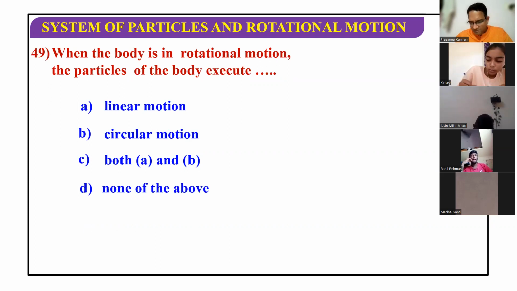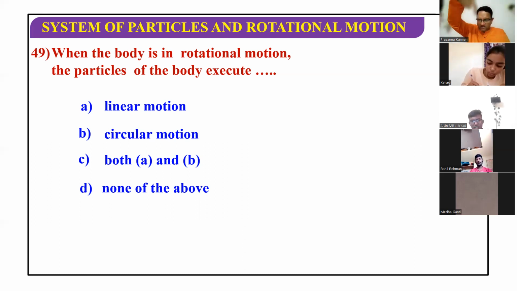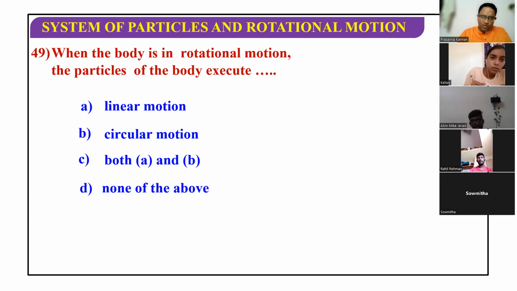Come on, guys, tell me. A body in rotational motion is just undergoing rotation, which means there is no translatory motion, correct? So if a body is undergoing rotational motion, then what about its particles? They are undergoing circular motion. So the only answer is circular motion, right?